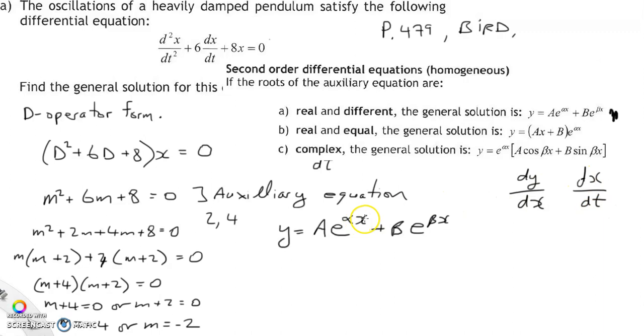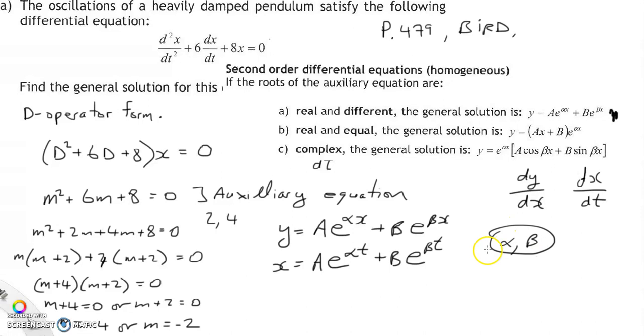So we're going to have t's in here instead of x's, and instead of y, we're going to have an x. So for our situation, x equals A e to the alpha t plus B e to the power of beta t. Alpha and beta are the roots that we found, which are -4 and -2.